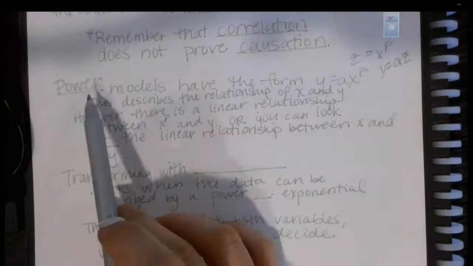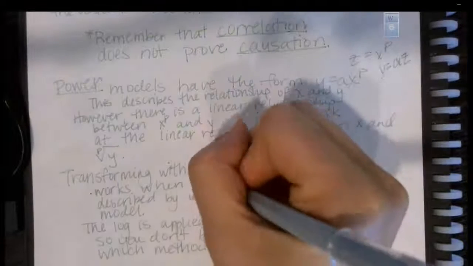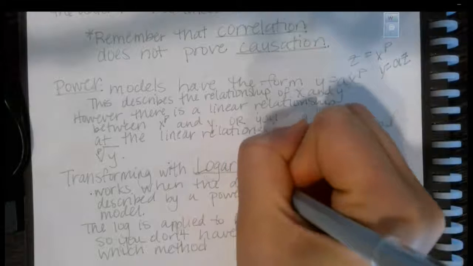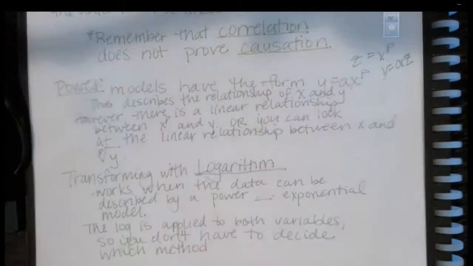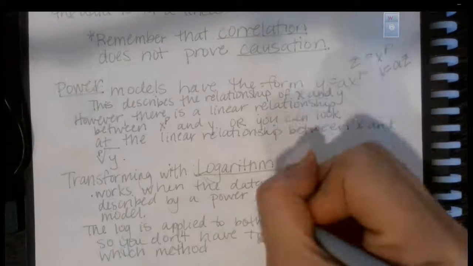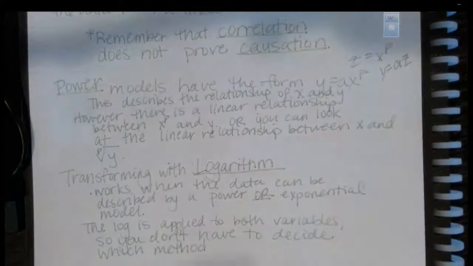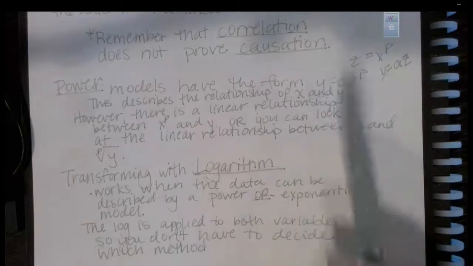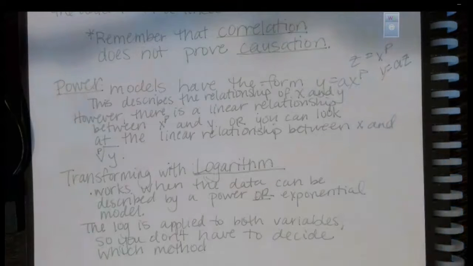Now, power doesn't cover everything, so we can also transform using a logarithm. This works when the data can be described by a power or by an exponential. So this is nice because it covers more ground. We will rarely use the power method unless they tell us to find a power model, because for the most part, the logarithm will take care of power or exponential.